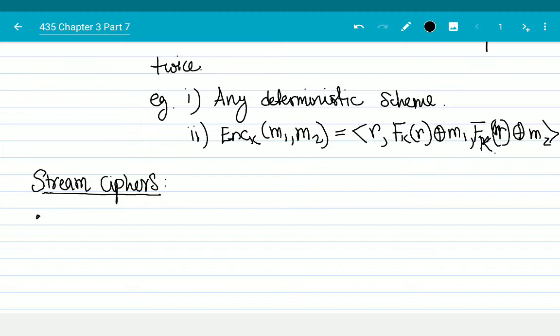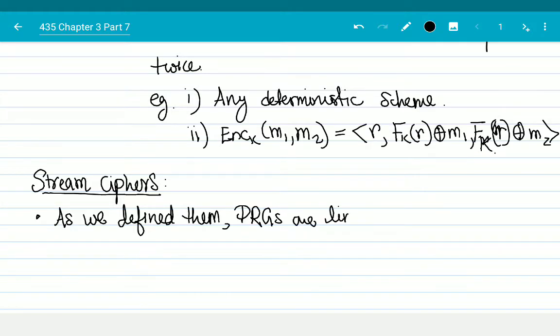So as we defined them, PRGs are limited. Right? They have fixed length output and they produce output in one shot.